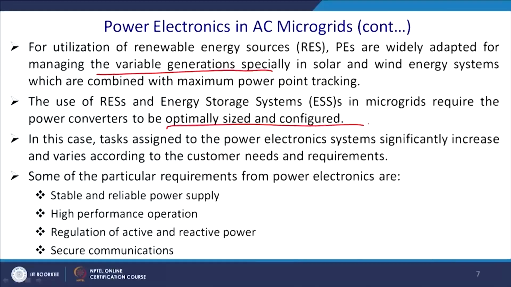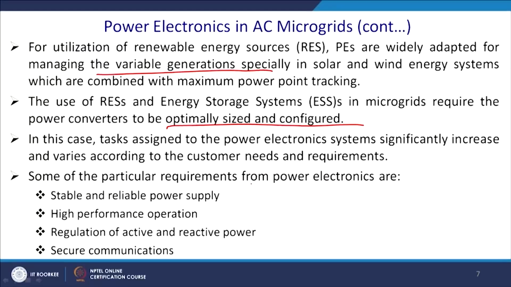In this case, the task assigned to the power electronics converter system significantly increases and varies according to the customer needs and requirements. Of course, customers can profile their way of consumption, and accordingly it can optimize the energy efficiency, the cost, maybe comfort. There are many criteria.